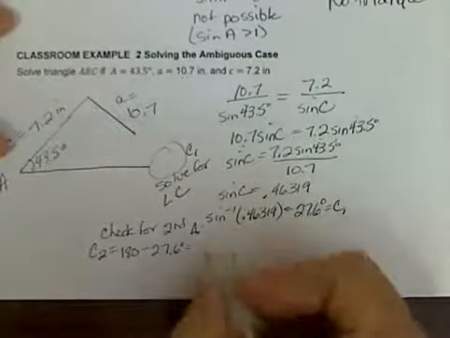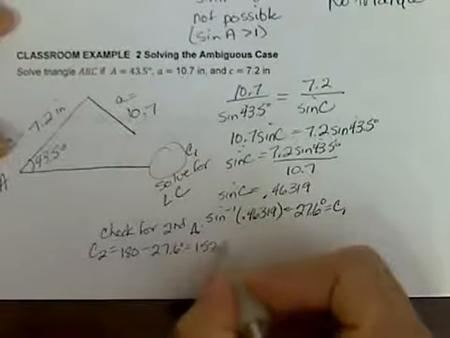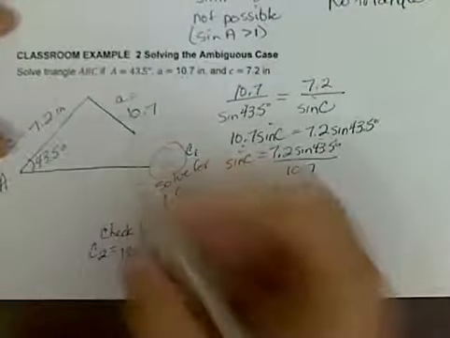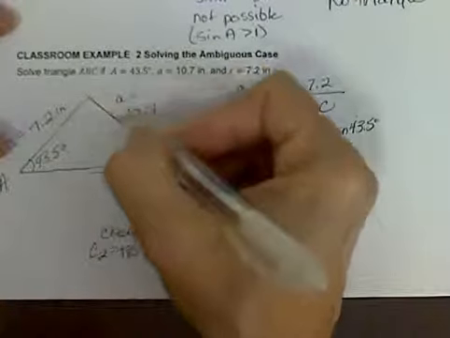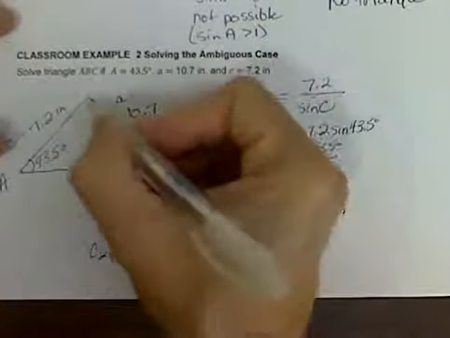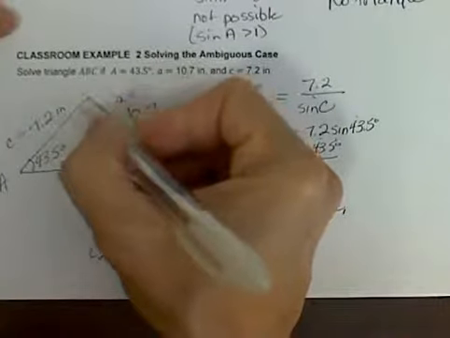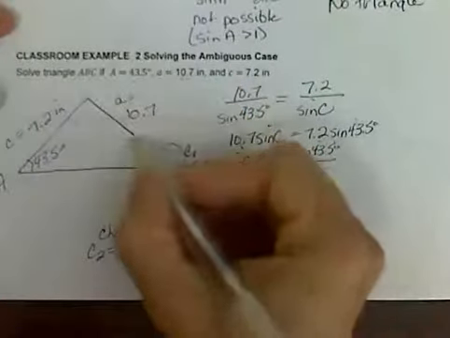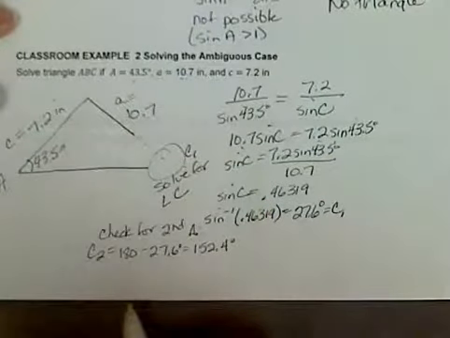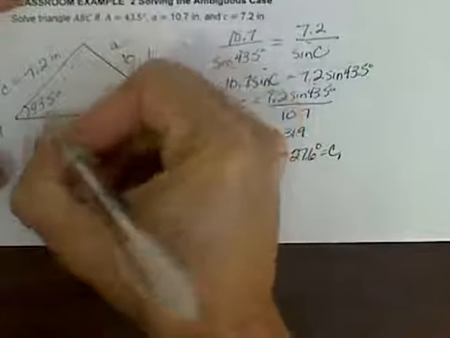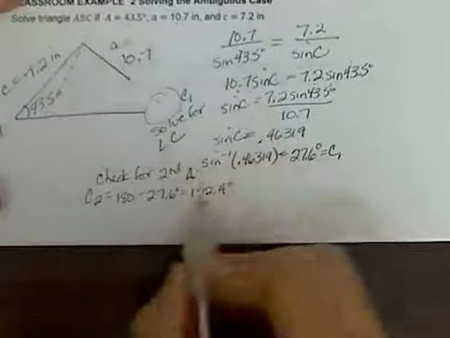That would equal 152.4 degrees. So if this is happening, what it would mean is that I've got my A either going this way or swinging over this way. So I'd have my C1 over here and my C2 over here would be a supplementary angle. Now to see if this is possible, what I need to see is if this little triangle right here is possible.